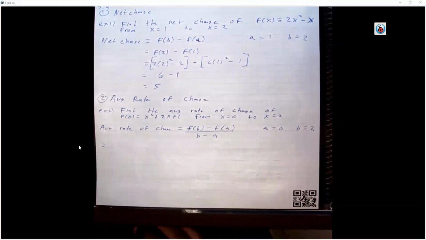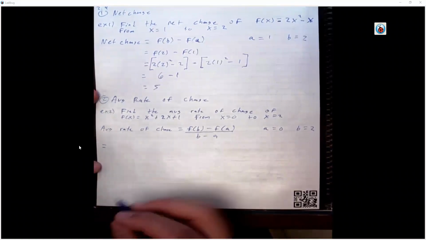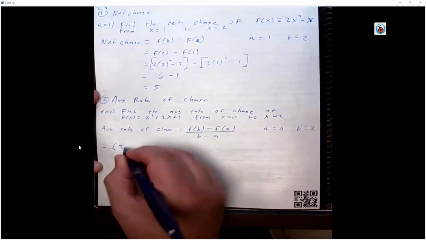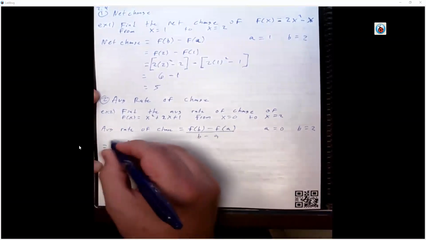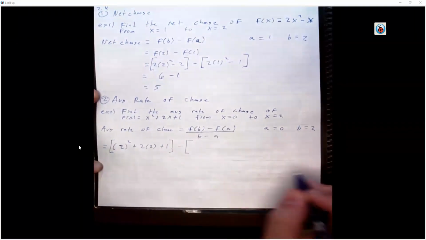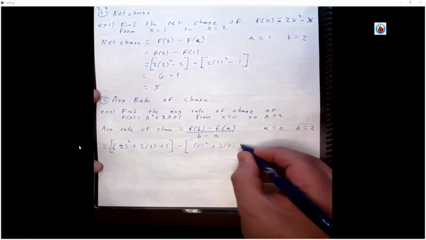Sorry, plug in the 2 first, my bad. 2 squared plus 2 times 2 plus 1 minus 0 plus 2 times 0 plus 1.